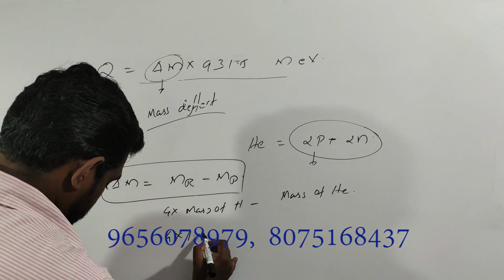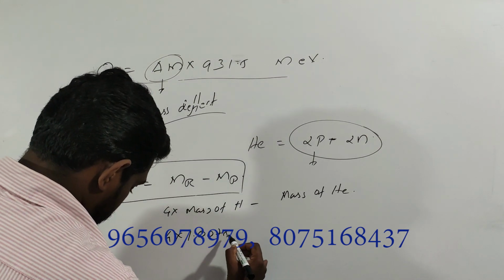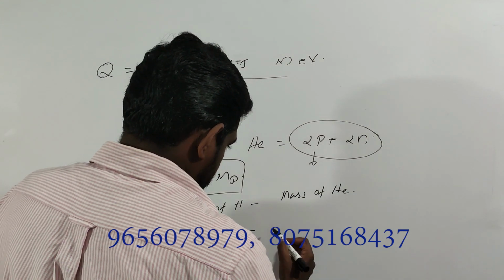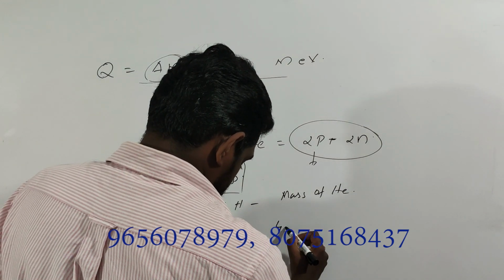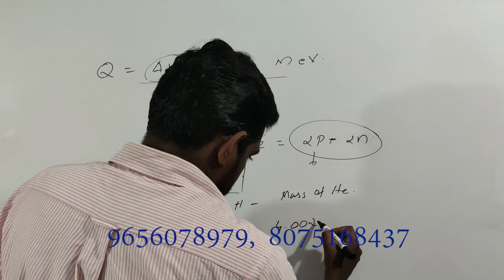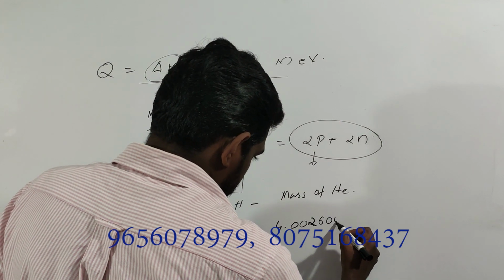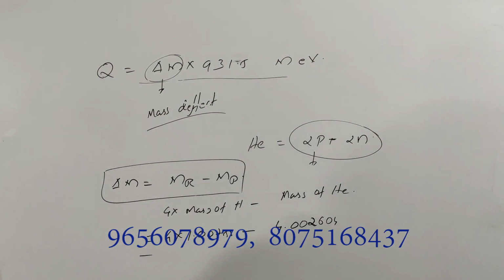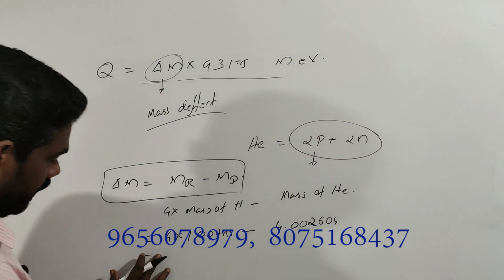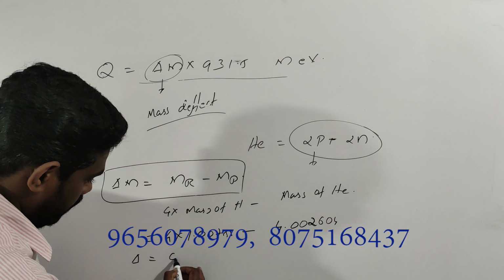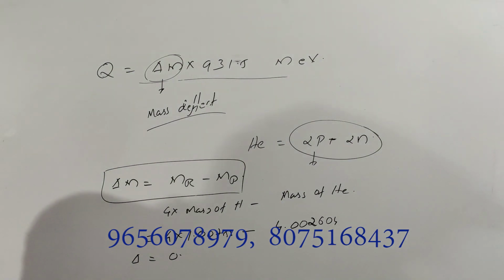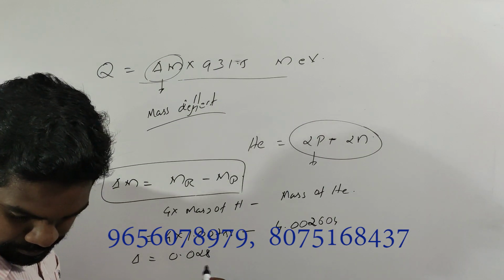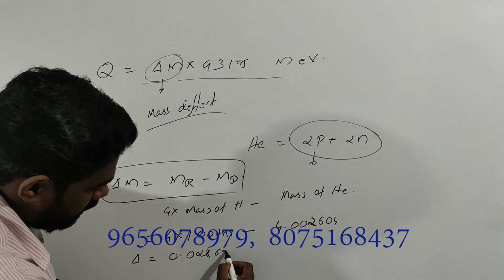4 into 1.00725 minus 4.002604. If we find the difference between these values, we get delta M equal to 0.028696.